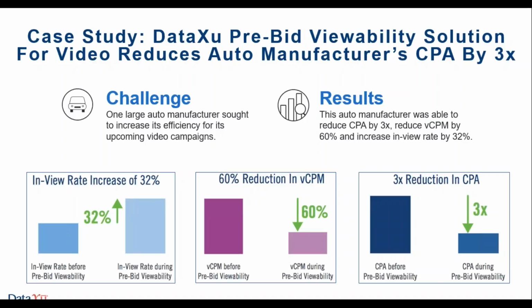So basically, by implementing the Dataxu pre-bid viewability solution to optimize the campaign buying, the auto manufacturer was able to increase the in-view rate by 32%, resulting in a 60% decrease in vCPM, which in turn translated to a dramatic reduction in the advertiser's cost per action metric. This is a great example showing that with the right optimization, it's possible to not only increase in-view rate, but also decrease the cost of each in-view impression, which can dramatically improve performance.